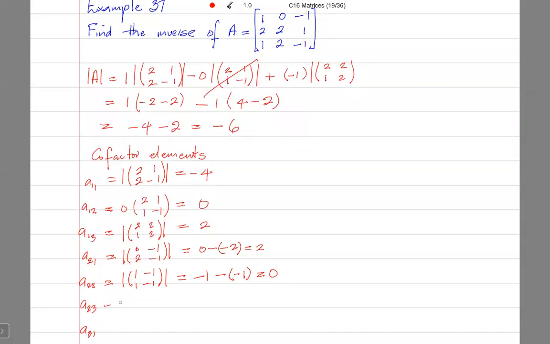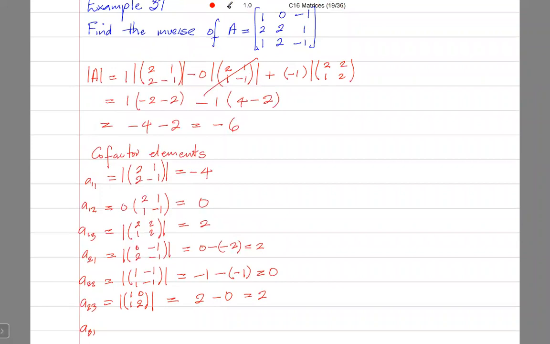So this becomes the determinant of 1, 1, 1, 0, 1, 2. This is 2 minus 0, which is 2.